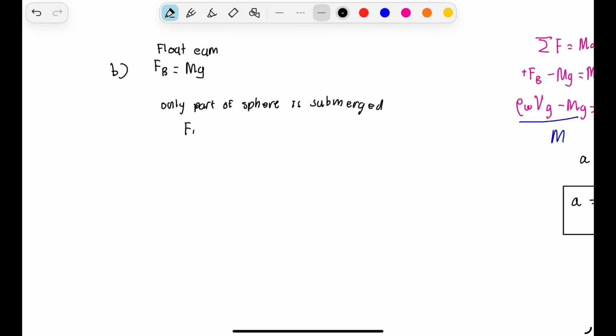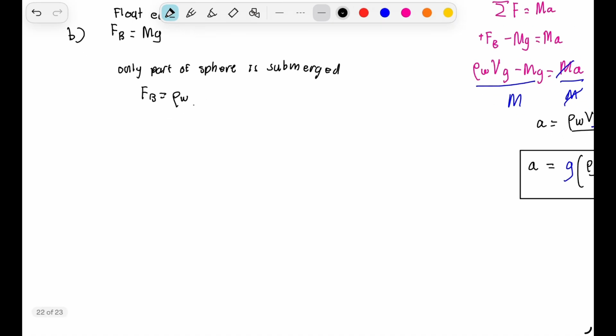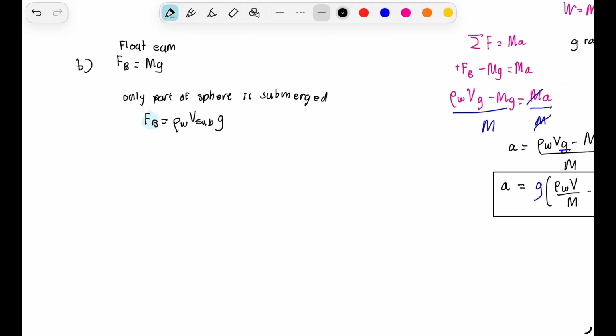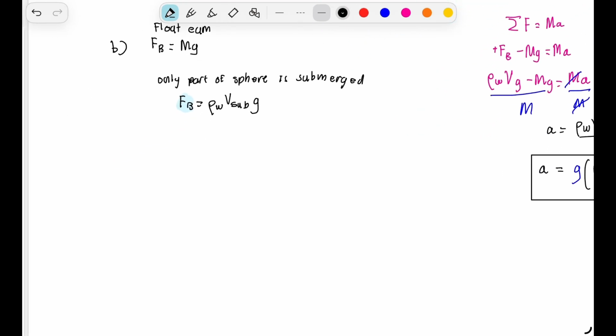So you're going to have F_B is equal to rho, the density of your water, times the volume of the submerged part, times g. So we can rearrange this. We can just substitute in what we have for F_B. It's the same thing as over there.